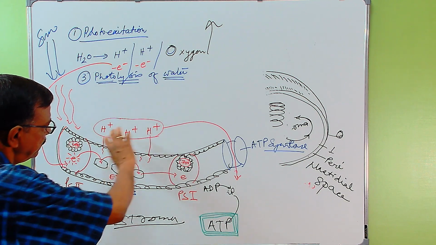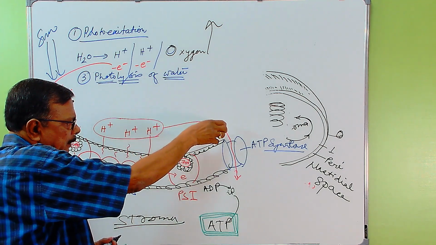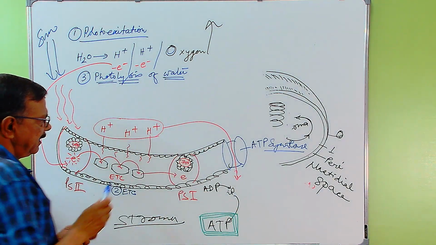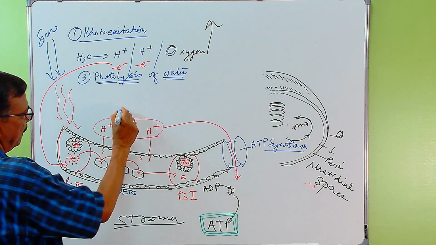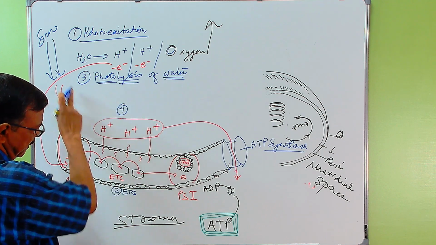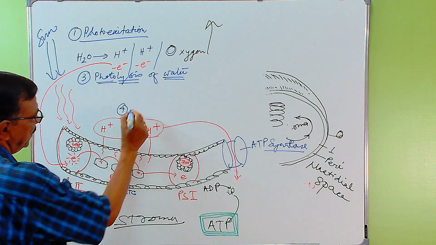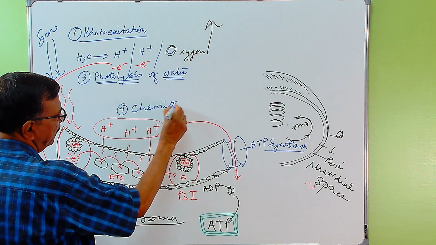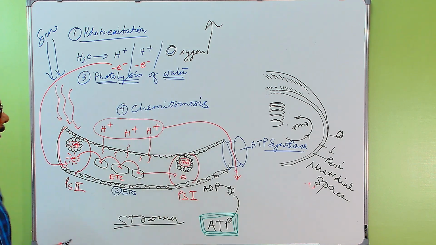This process of pushing the hydrogen ion through the ATP synthase, you write 1, 2, photolysis 3, and this is 4. You write chemiosmosis.